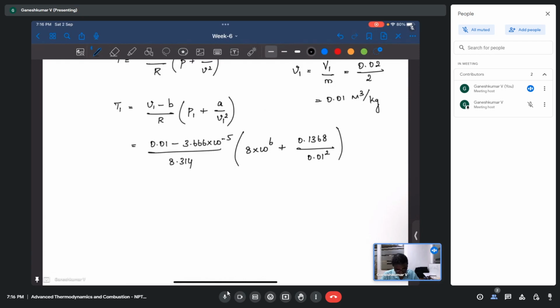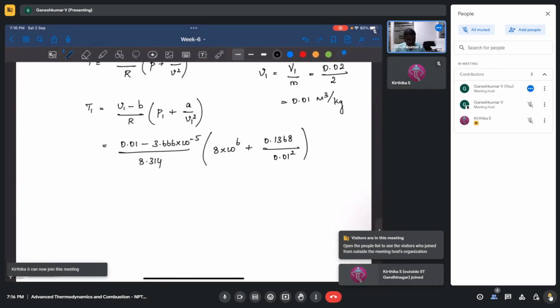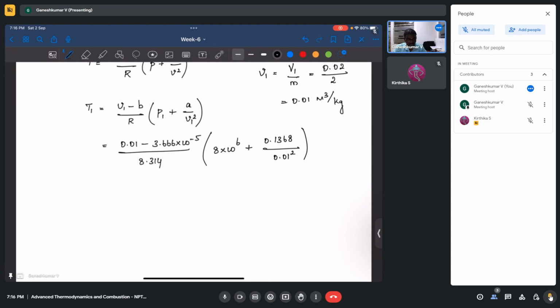0.1368 divided by 0.01 square plus 8 into 10 power 6, into 0.01 minus 3.66 into 10 power minus 5, divided by 8.314.